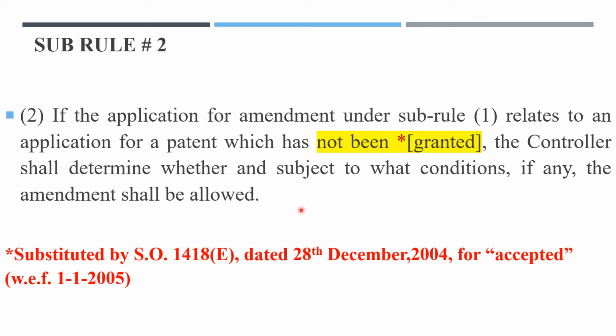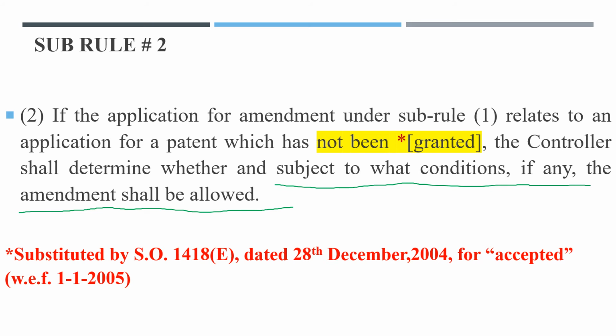The controller shall determine whether and subject to what conditions, if any, the amendment shall be allowed. Okay, so he will find out the conditions where the amendment can be allowed. Fine, I hope it is clear now.